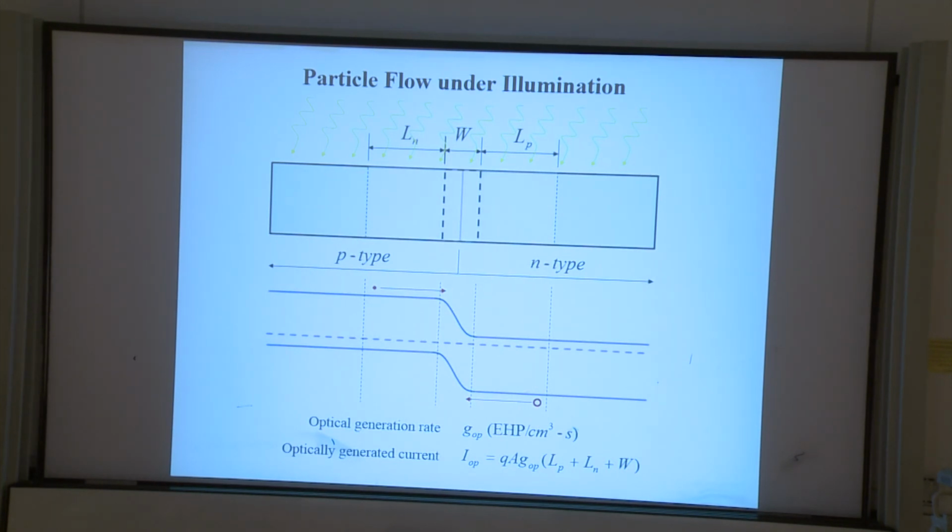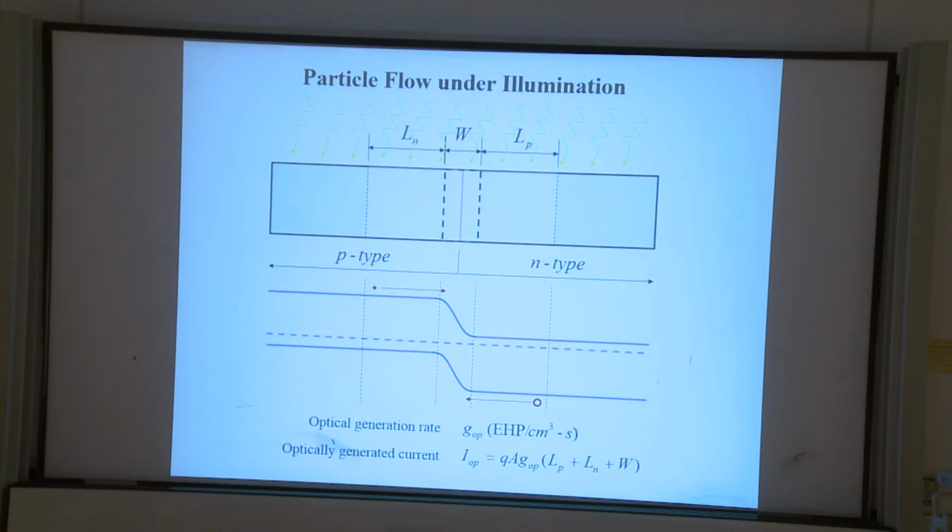Any question about that? Because later on, it is related to electron-hole generation. When light is shining on the p-n junction, it will create electrons and holes as long as the light is absorbed by the band gap.